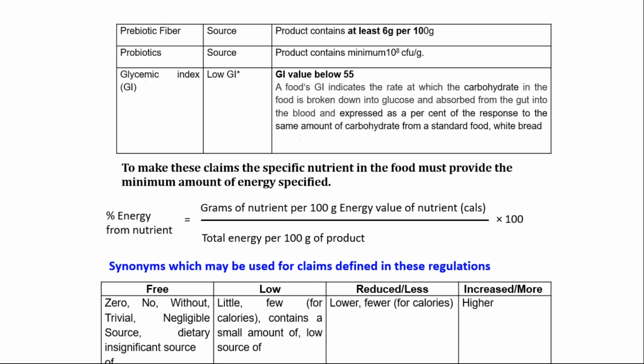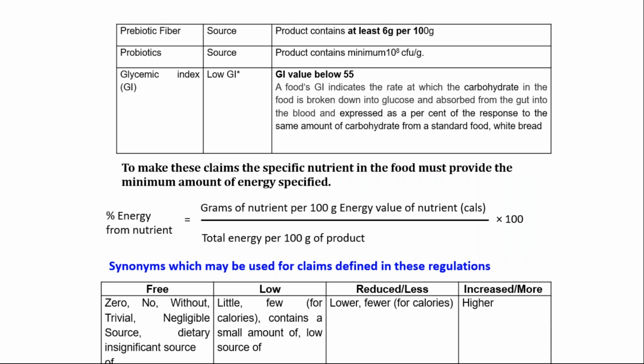Also, if you want to claim low glycemic index, glycemic index is an index which tells you how fast the sugar is released into the blood, and it is very important for diabetics.